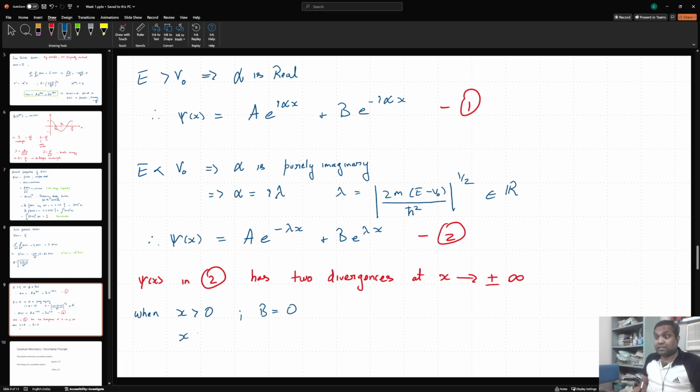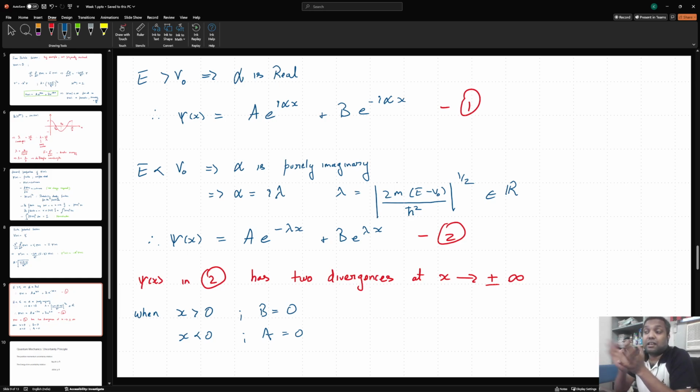And when x is less than 0, by similar reasoning, I have to say a is 0. So I'm having a situation where it is e to the power minus lambda x on one side and e to the power plus lambda x on the other side. It is e to the power minus lambda x when x is greater than 0 and, sorry, e to the power lambda x when x is less than 0.